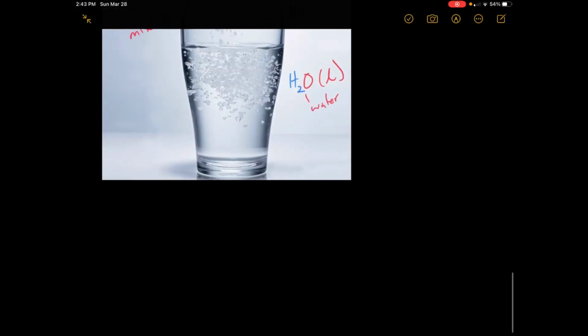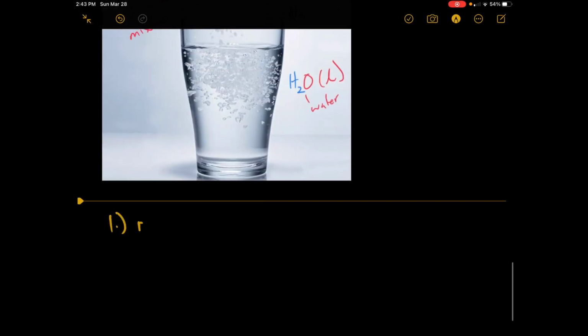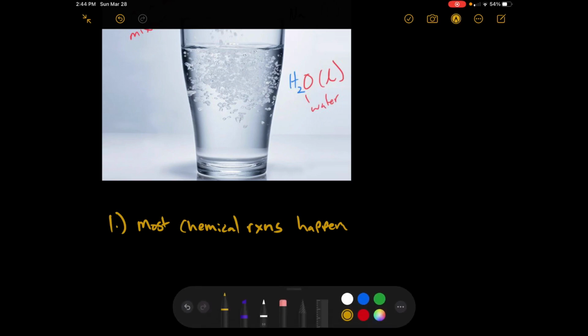What we should have learned is that, number one, most chemical reactions that we experience happen in solution.